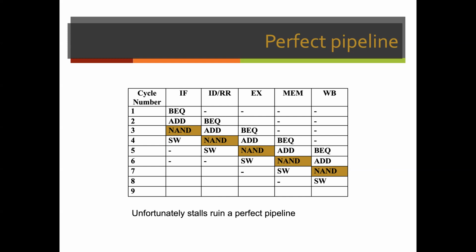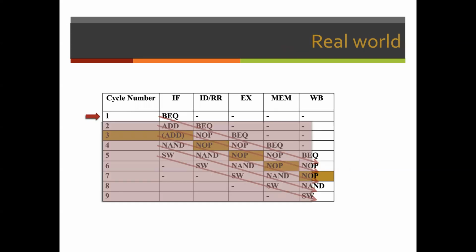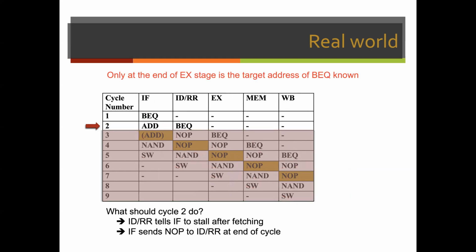But this is not going to be the case, of course. And so this is going to result in a stall starting with our BEQ instruction. And this is going to be because only at the end of the execute stage will we know what to do with our BEQ instruction.